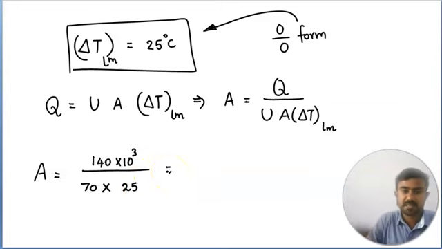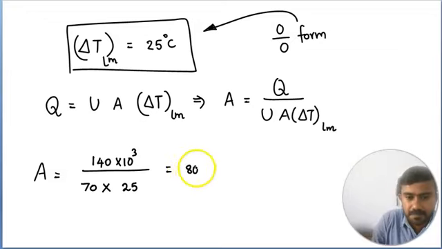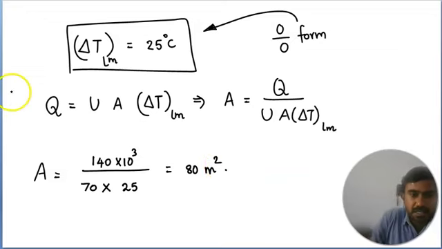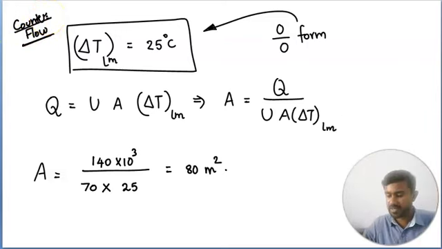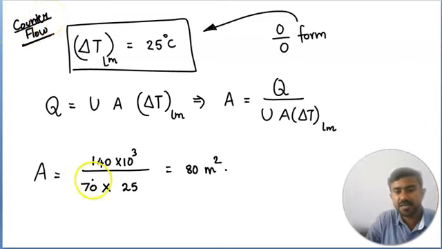So you see that the counterflow requires a smaller area compared to a parallel flow for the same temperatures. So this is for counterflow. A counterflow heat exchanger will require a smaller area than a parallel flow heat exchanger because its LMTD is higher.